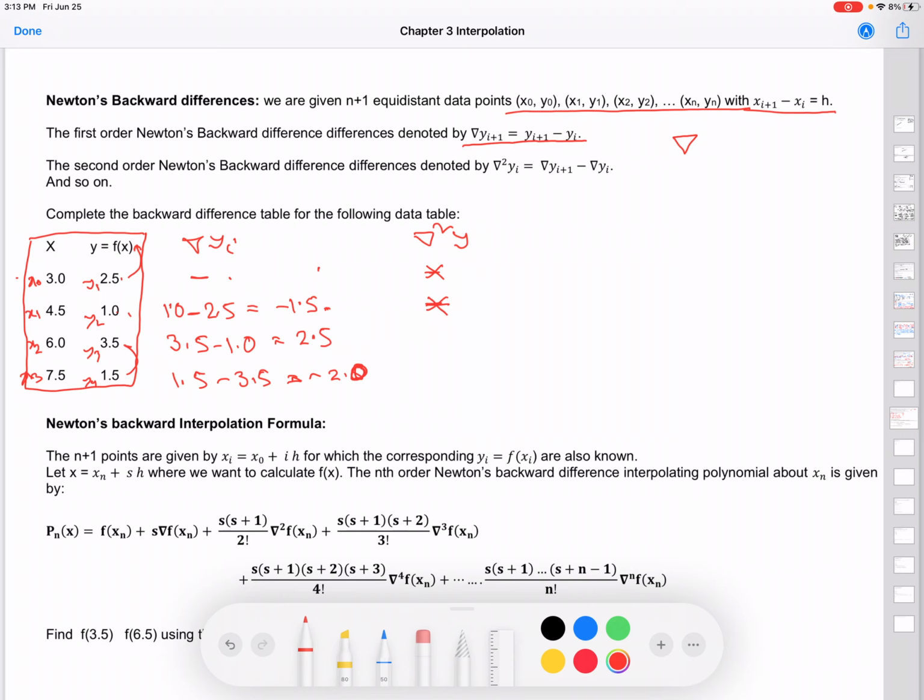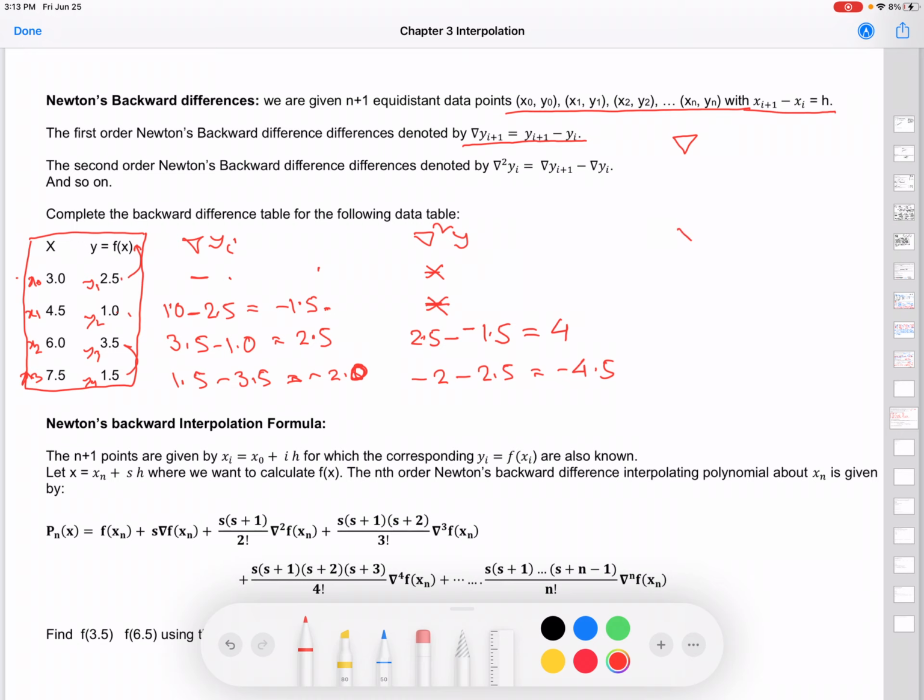When I am here, I have a current value and a backward value: 2.5 minus negative 1.5 makes 4. And then negative 2 minus 2.5 is negative 4.5.